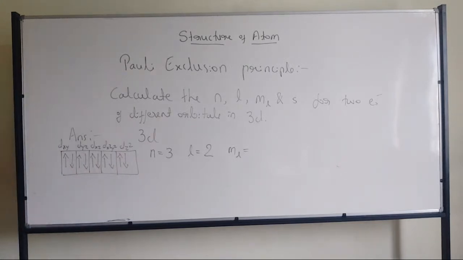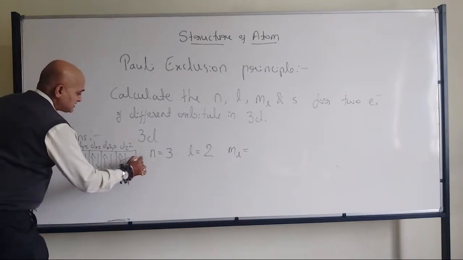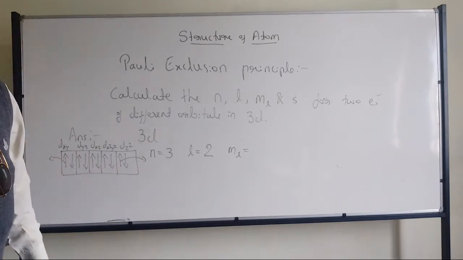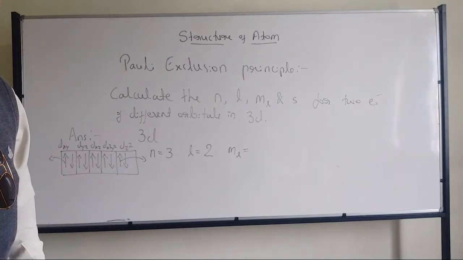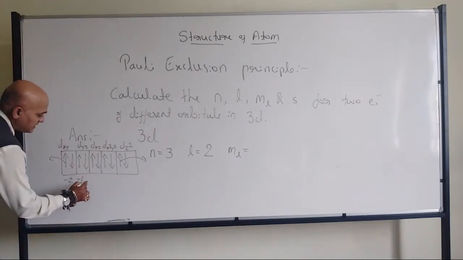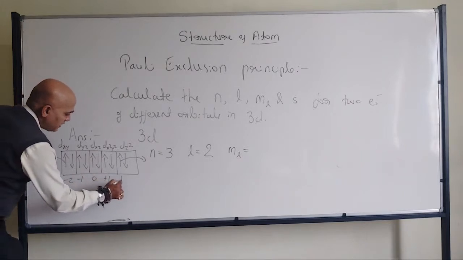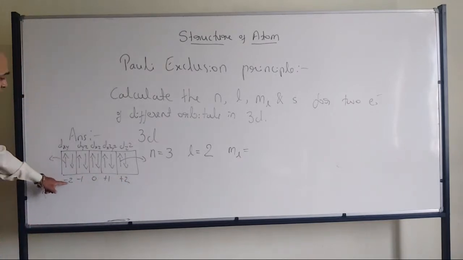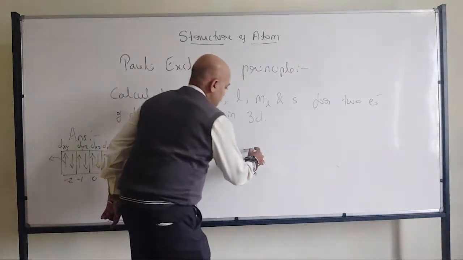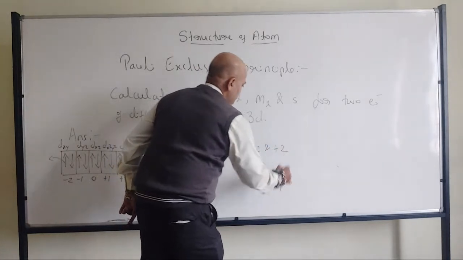So if I want to talk about this electron and this electron, see the arrow, what will be the ml value? No, not only -2. If I consider -2, -1, 0, +1, +2, that means one belongs to -2, another one belongs to +2. So it will be -2 and +2.